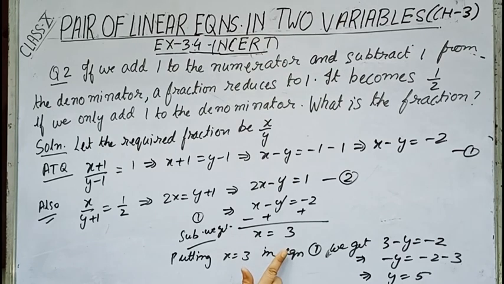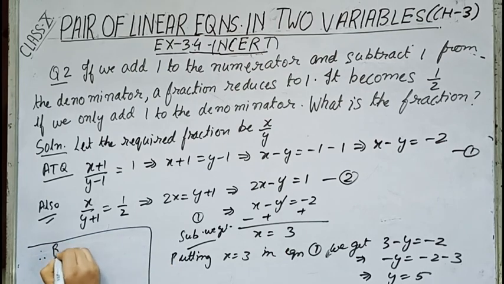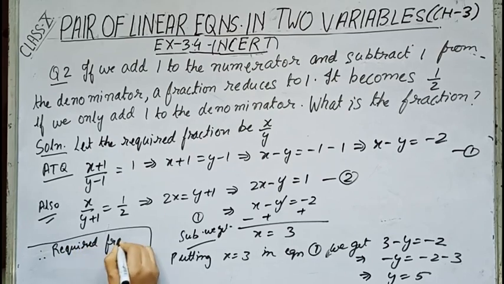Therefore, we got x equals to 3 and y equals to 5. Therefore, the required fraction is x by y. The x value is 3, the y value is 5. 3 by 5. Answer.